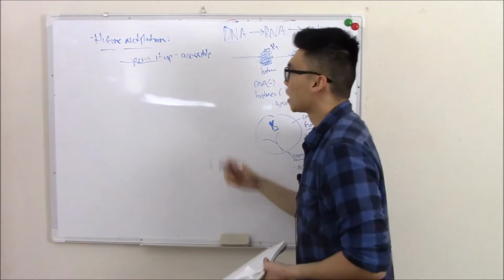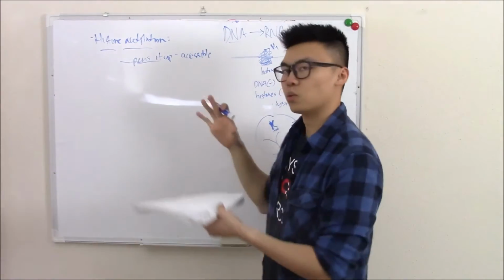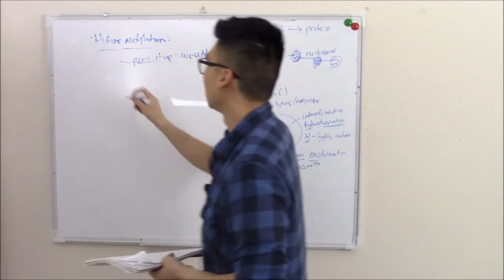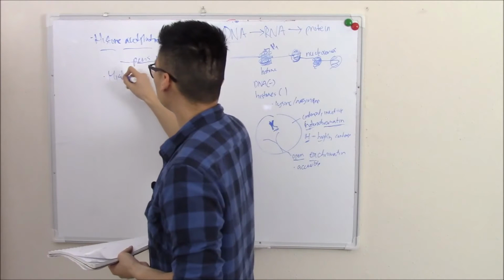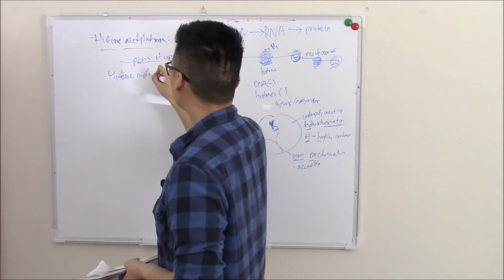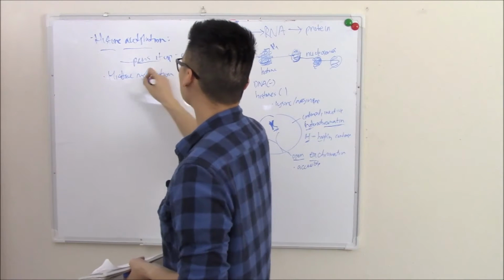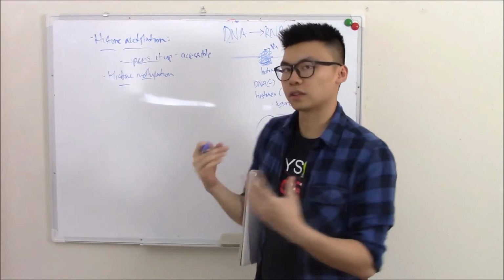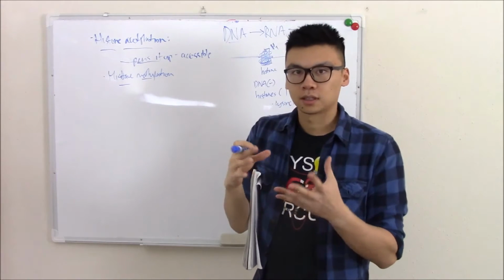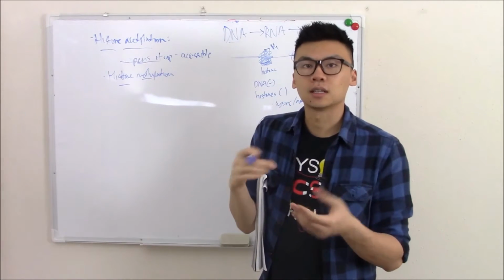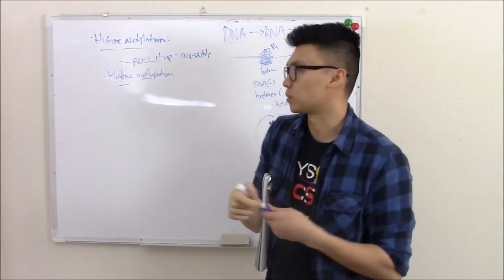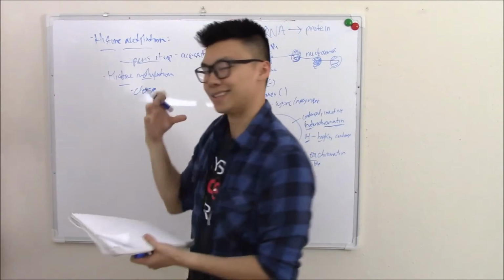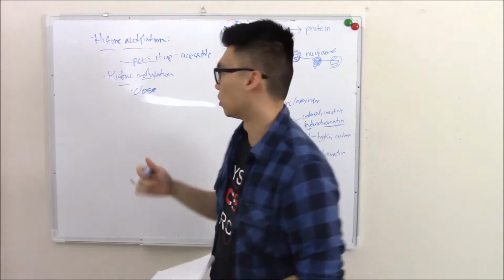That's one way. Now what if we don't want to make it accessible? What if we want to close it for things like G phase? What if we want to make it condensed and inaccessible? Well, we have histone methylation. That puts a methyl group on the histone. And to be perfectly fair, methylation both opens and closes it depending on the site, but for your intents and purposes, anytime you see methylation, that closes and condenses and makes it inaccessible.